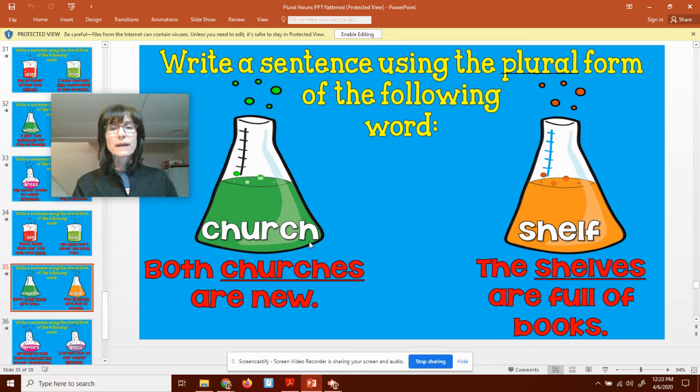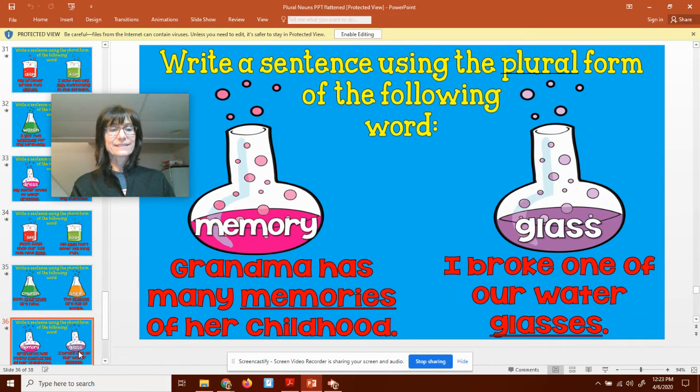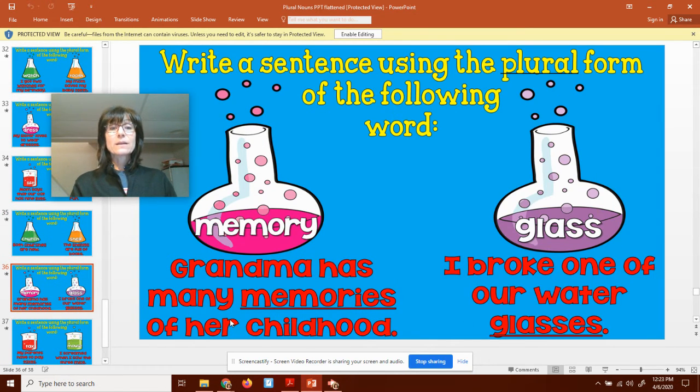Church. A CH, I add the ES. Both churches are brand new. Shelf. I have the F, so drop the F and add that V to the ES. The shelves are full of books. Memory. Grandma has many memories.